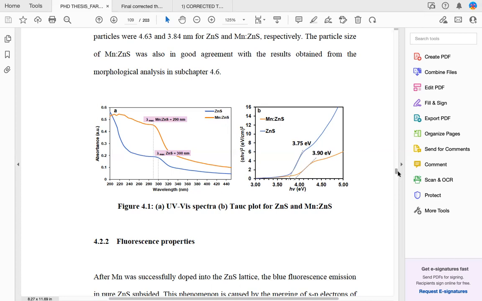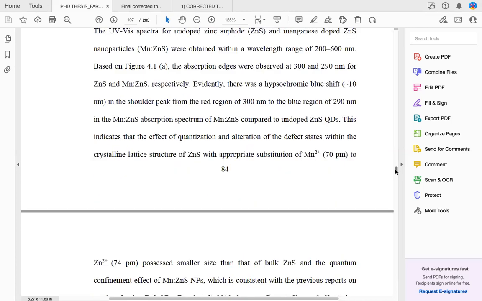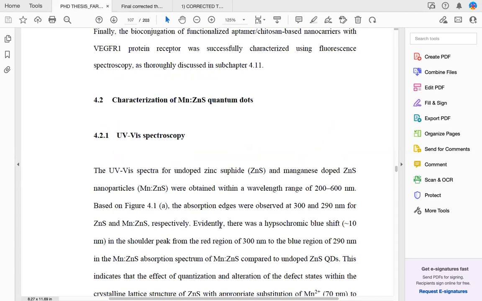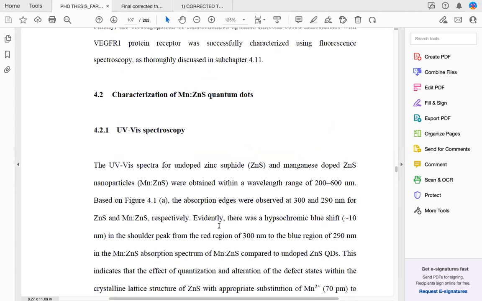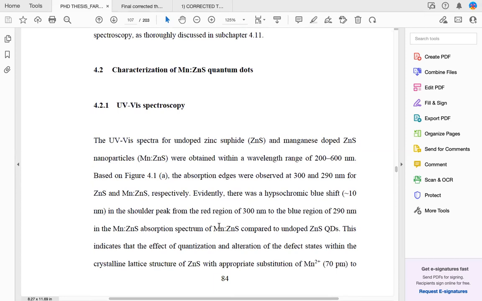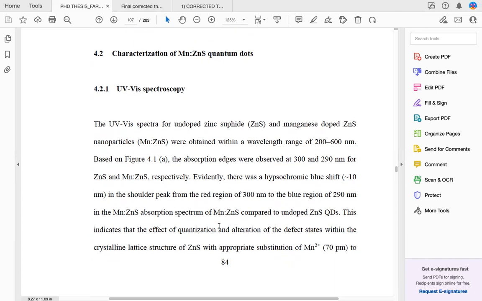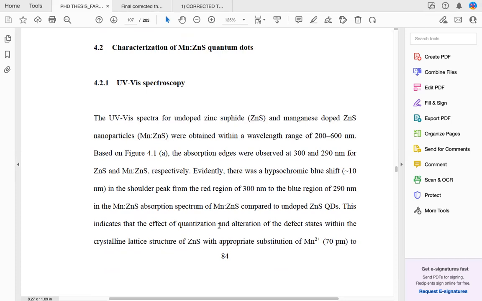So let's look at the discussion. She talks about there is a blue shift, because you have to explain the results first that you observe from the UV-vis spectra. You talk about it, compared to undoped, and this indicates, from there you explain what is the meaning of the results.